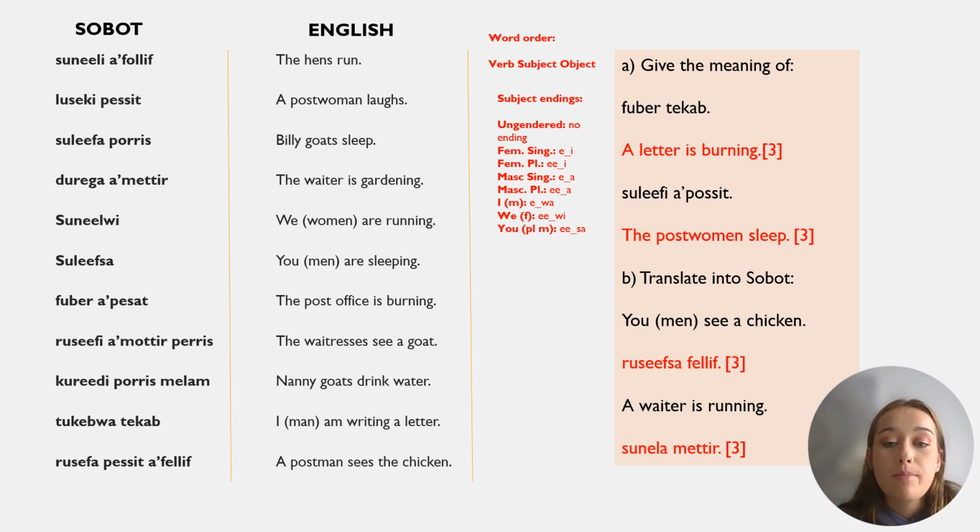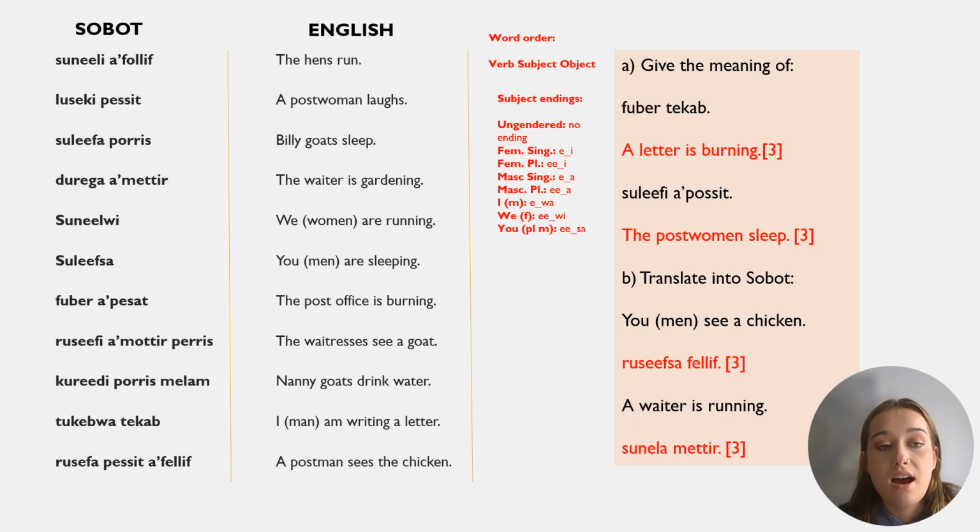They remain consistent in the a endings for any masculine subject and the e endings for any feminine subject, but there are also further differences depending whether it's singular, plural, first person, second person, third person. We've identified that the feminine singular has an e and then a letter that's part of the verb and then an i ending.